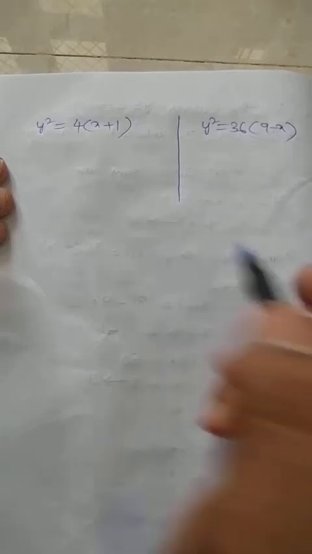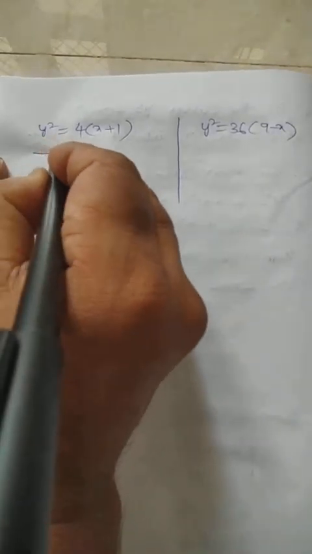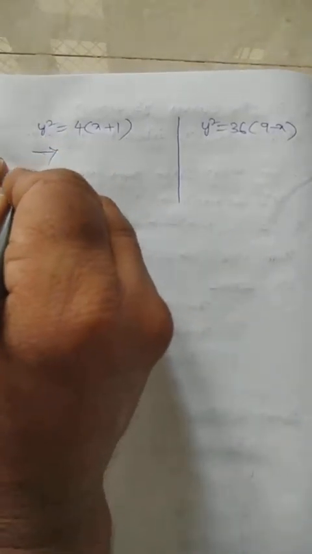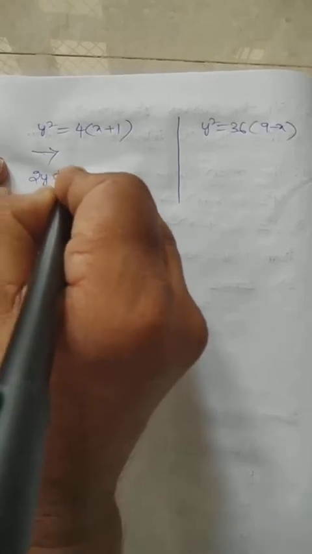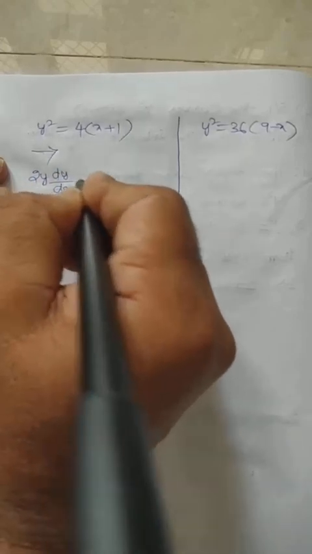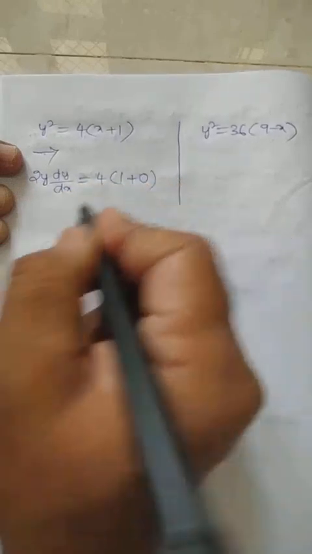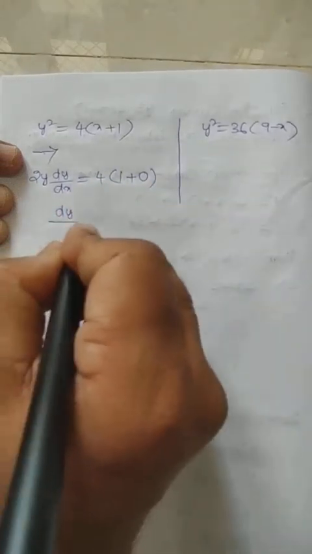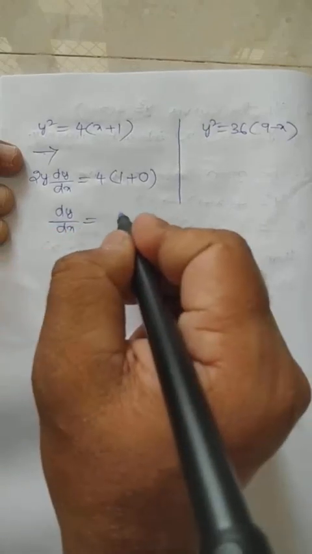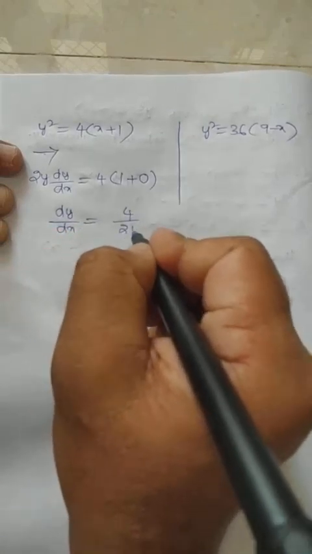So these are the curves I have. I need to find the respective dy by dx values at our required point. Differentiating this curve with respect to x on both sides, I get 2y into dy by dx is equal to 4 into the derivative of x, which is 1, plus 0. So dy by dx for this curve is 4 by 2y.